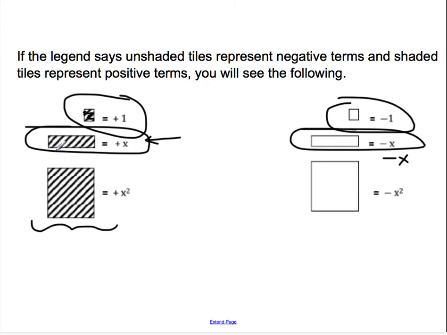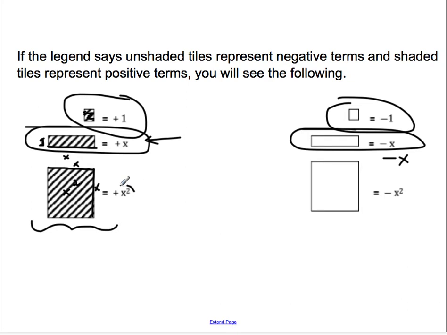Okay? So now this dimension is x times 1, right? So this length right here, if that's x, that means that this is x. And this is x. Okay, so if I want to find the area of this, I go x times x, and that's where I get x squared from.